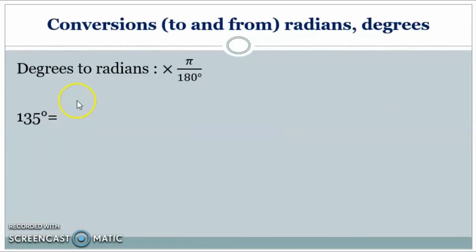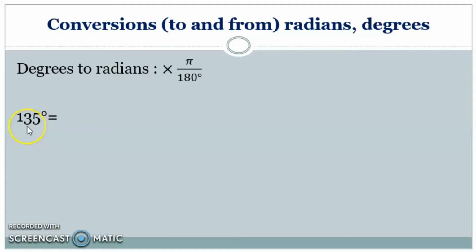And next, let us learn to convert angle in unit degree to radian. When given an angle in degree, we can convert it to radian by simply multiplying it with pi over 180 degree.